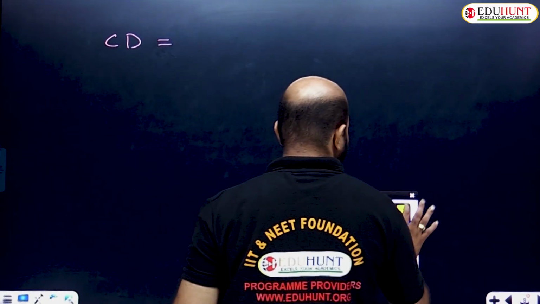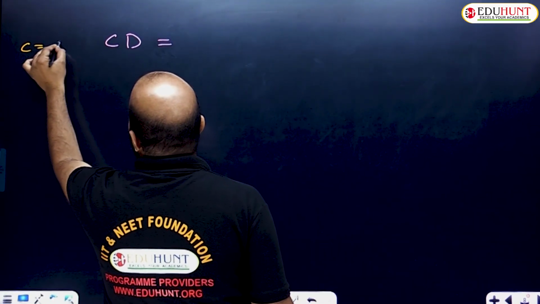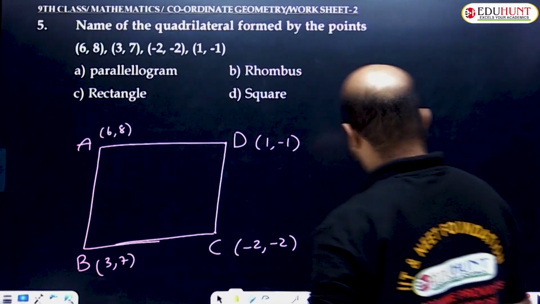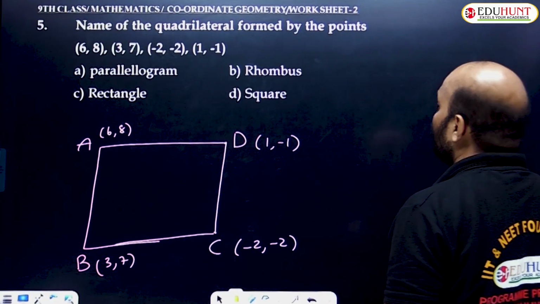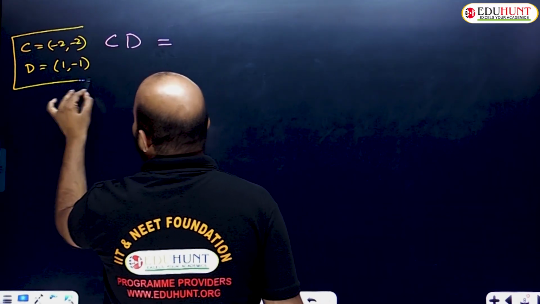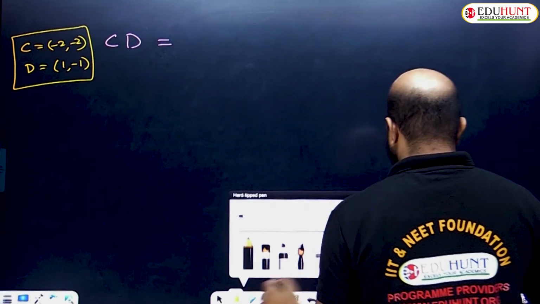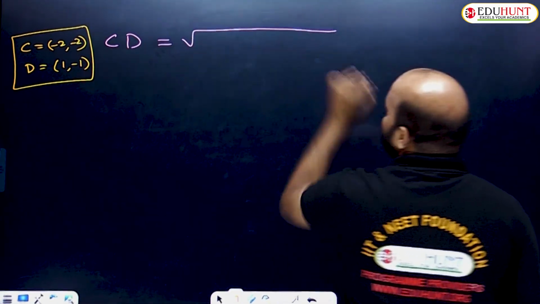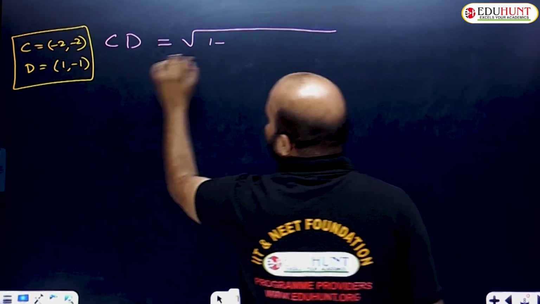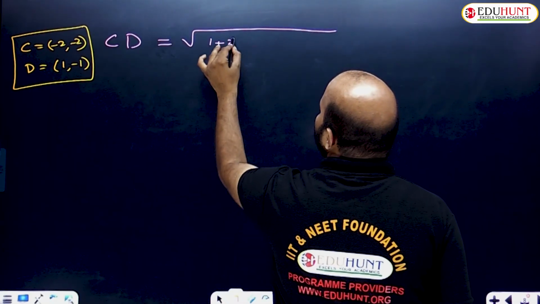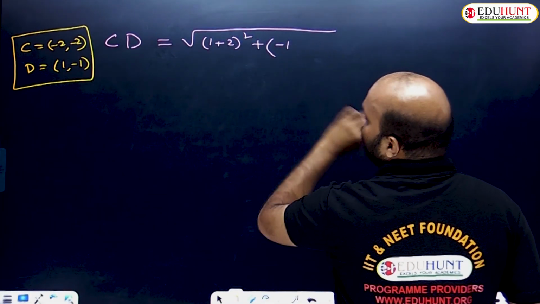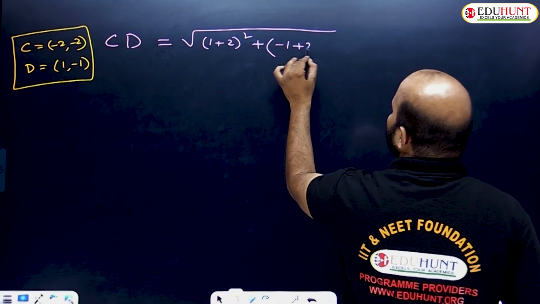Here C coordinates are minus 2 comma minus 2, and D coordinates are 1 comma minus 1. C coordinates are x1, y1 and D coordinates are x2, y2. So by using the distance formula, CD equals square root of (x2 which is 1 minus x1 which is minus 2, that is plus 2) whole square plus (y2 which is minus 1 minus y1 which is minus 2, that is plus 2)... whole square.